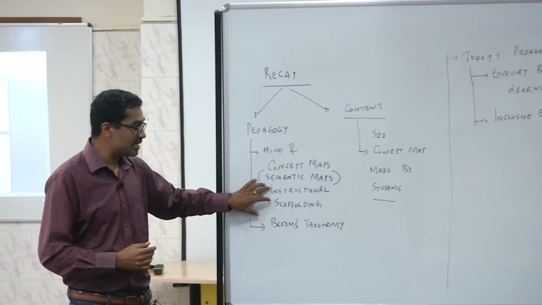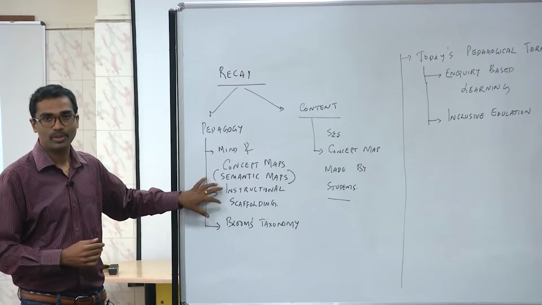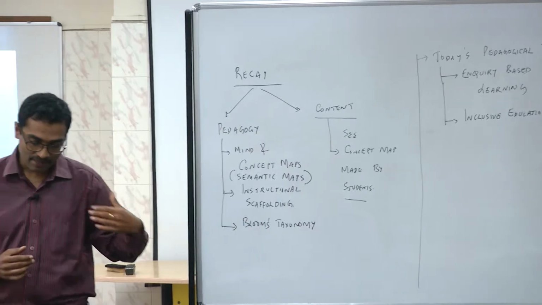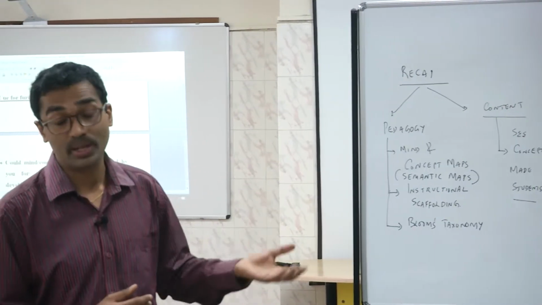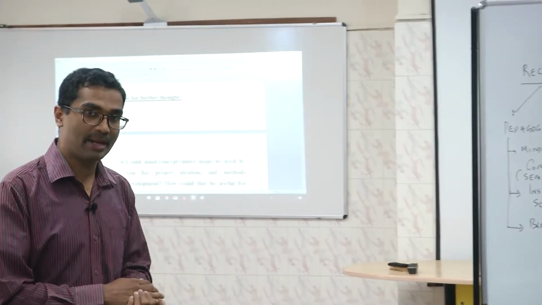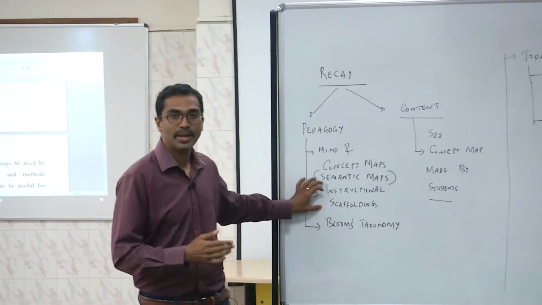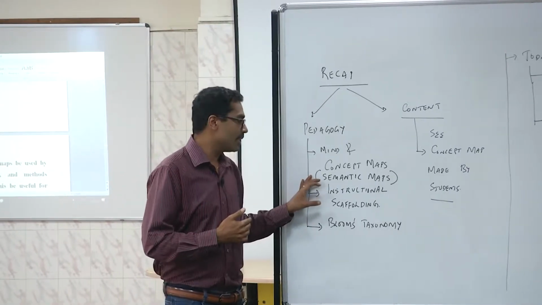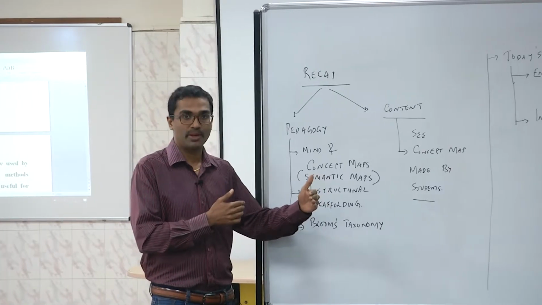Another thing that we did discuss in the last class was instructional scaffolding. And we have looked at scaffolding in the context of what is called the zone of proximal development. Here it is a tool by which you can guide your students, provide a framework to your students so that you maximize the zone of proximal development.